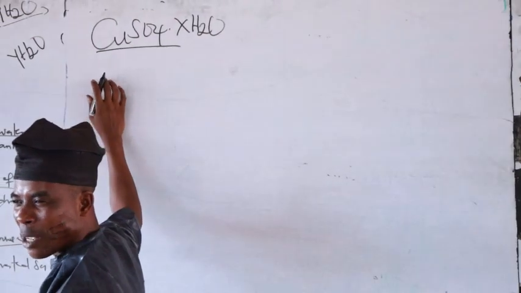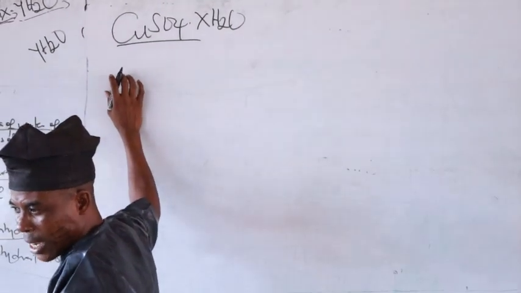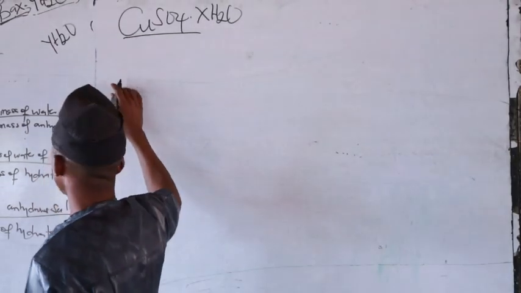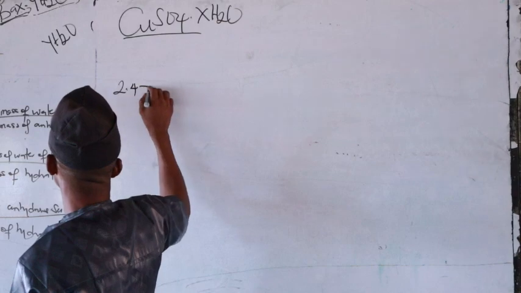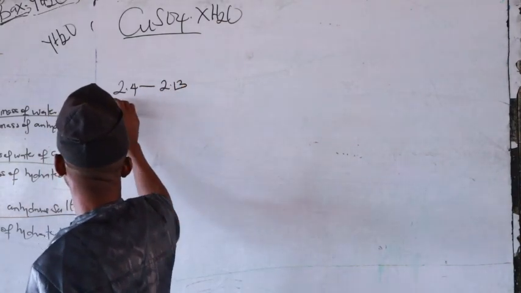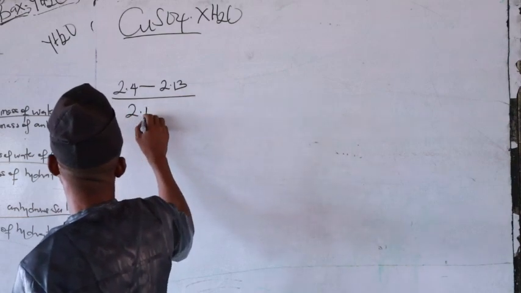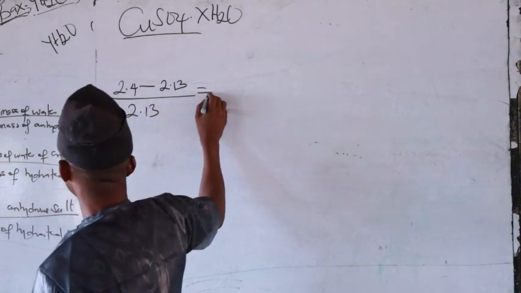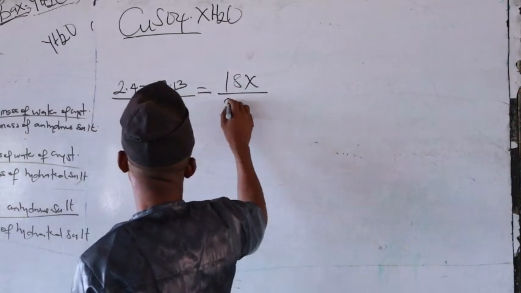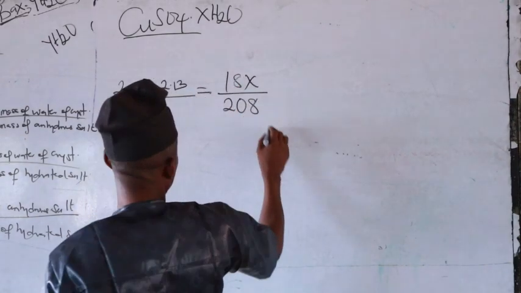How do you find the mass of water of crystallization? What is the mass of hydrated salt? 2.4. 2.4 minus the mass of anhydrous salt, 2.13, over 2.13 is equal to 18x over 208.